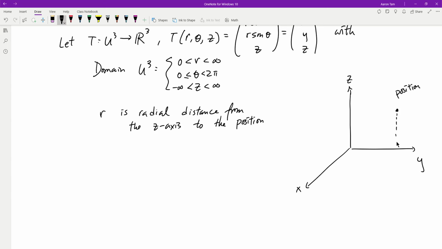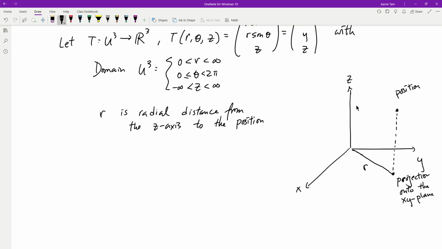Imagine that we take this point and form a projection onto the xy plane. Then I can define this distance right here, from the origin to the projection, as r.